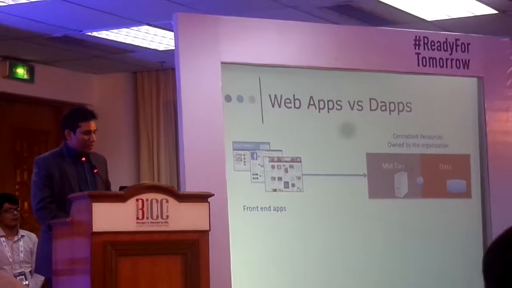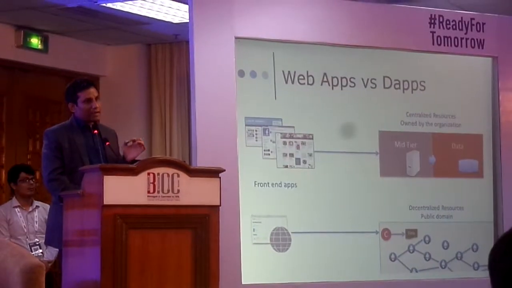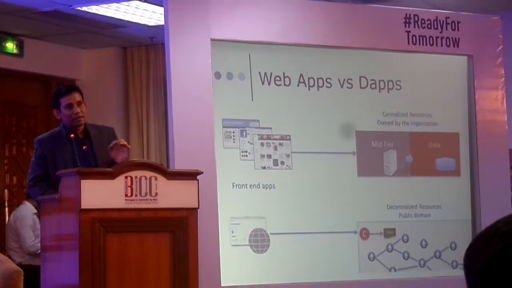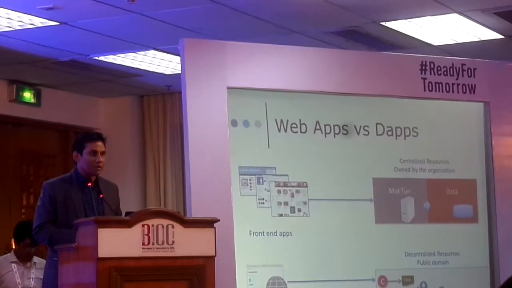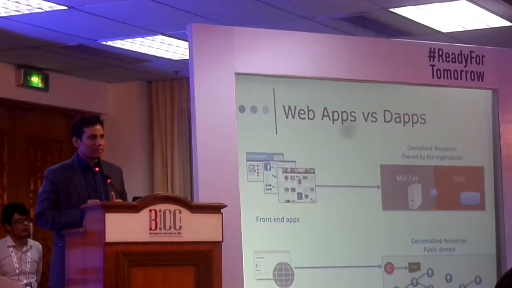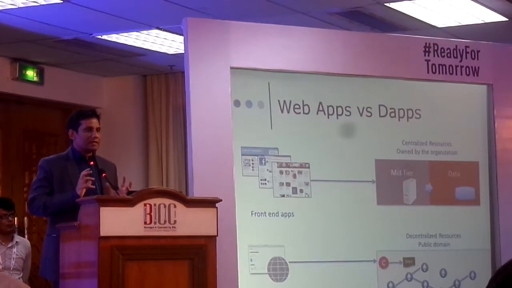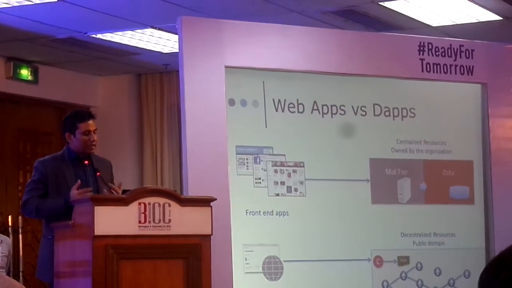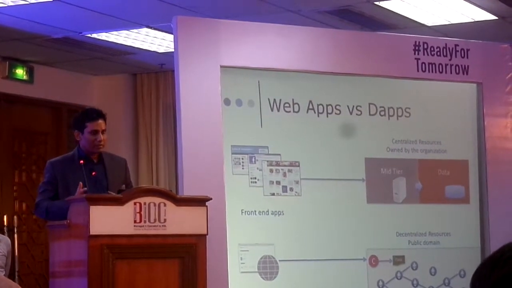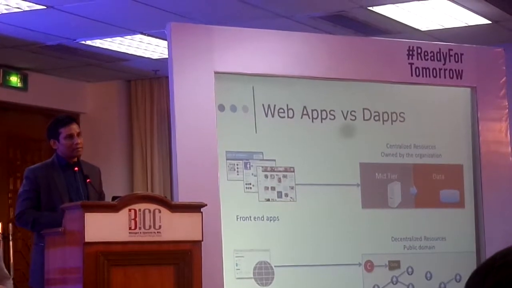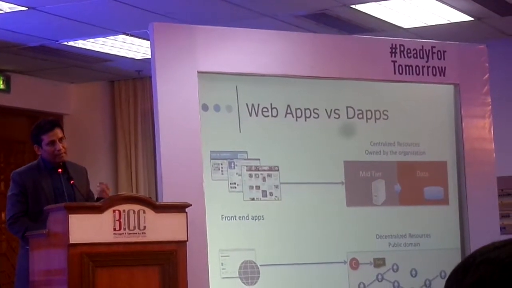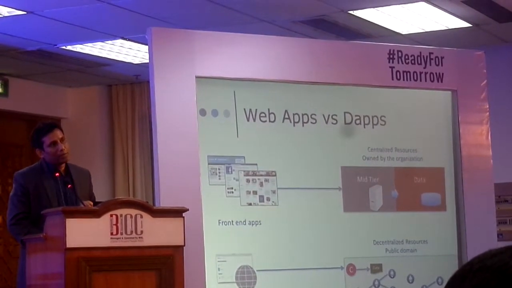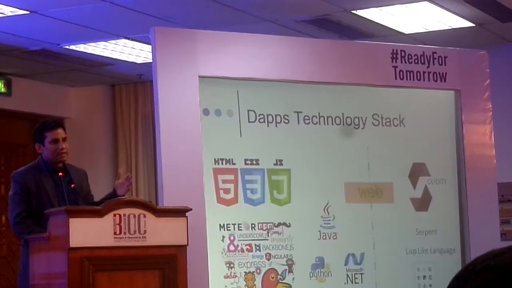In a decentralized system, the front end connects with the back end which is developed with a programming language, maybe Solidity, and this is the smart contract. So where is the difference? In dApps, there is no centralized system and the data is not owned only by the organization, data is in the public domain. So this is the basic difference between dApps and web apps. So how do dApps interact through an interface?